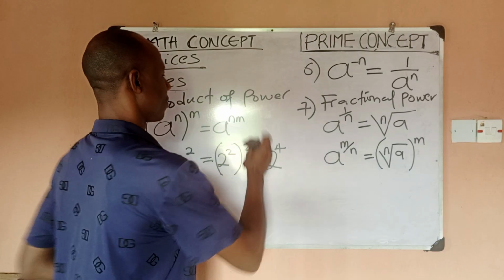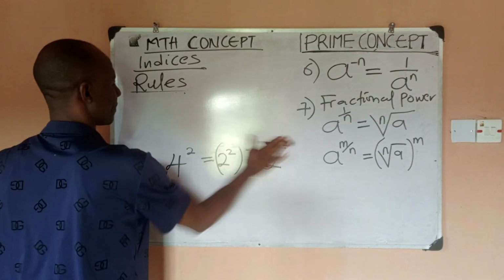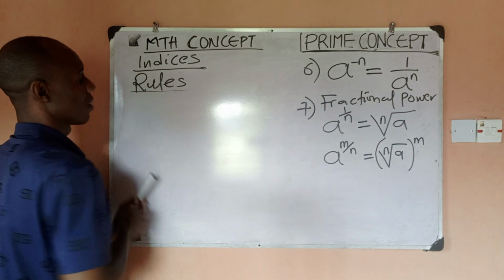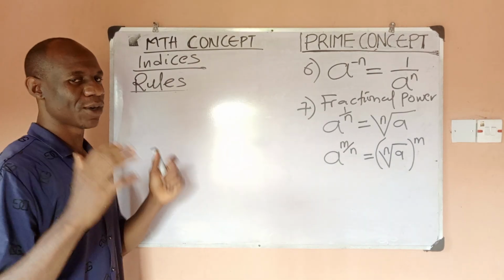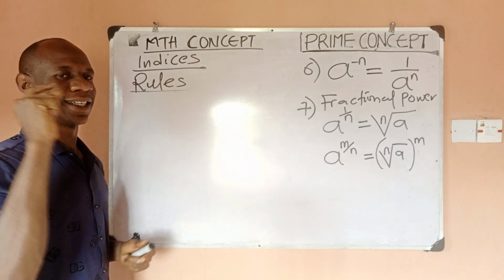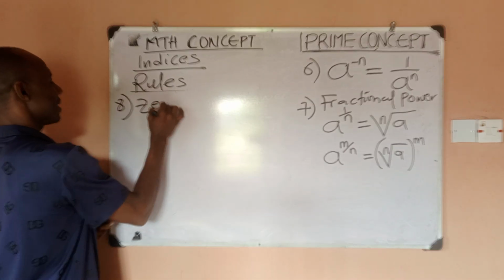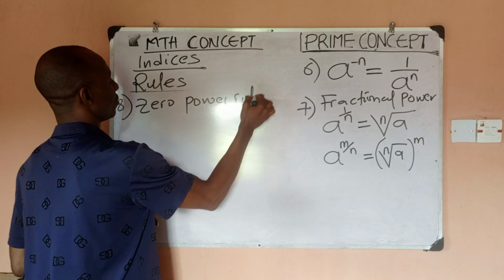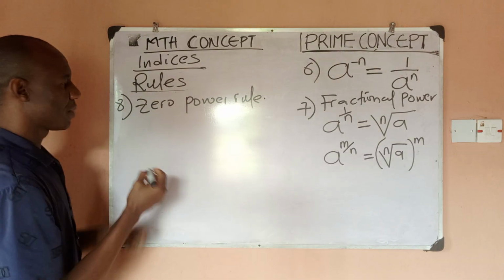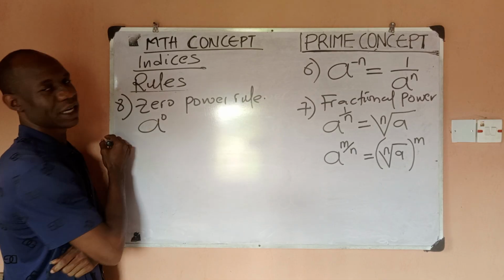Then we have rule 8. Rule 8 is what some of you have been waiting for. The zero power rule. Zero power simply means you have a raised to power 0.